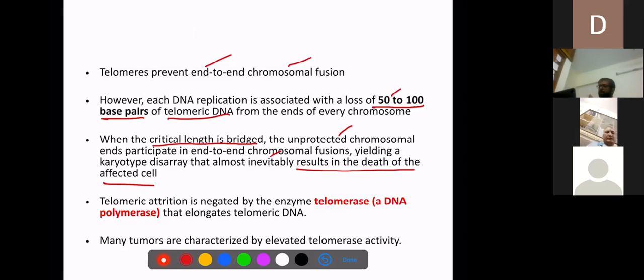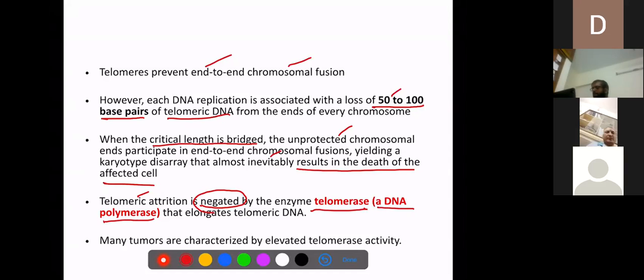This telomeric attrition, that means the stoppage of further cell divisions or the death of the cell caused by the telomeres, is negated or stopped by an enzyme called telomerase. Telomerase is nothing but a DNA polymerase. In biochemistry, we know that any DNA polymerase will synthesize DNA.